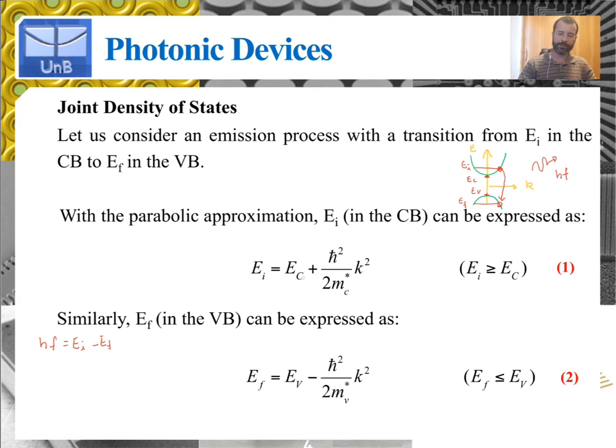By doing this, we get EC minus EV, which is the gap energy, right? EC minus EV is exactly the forbidden gap energy.